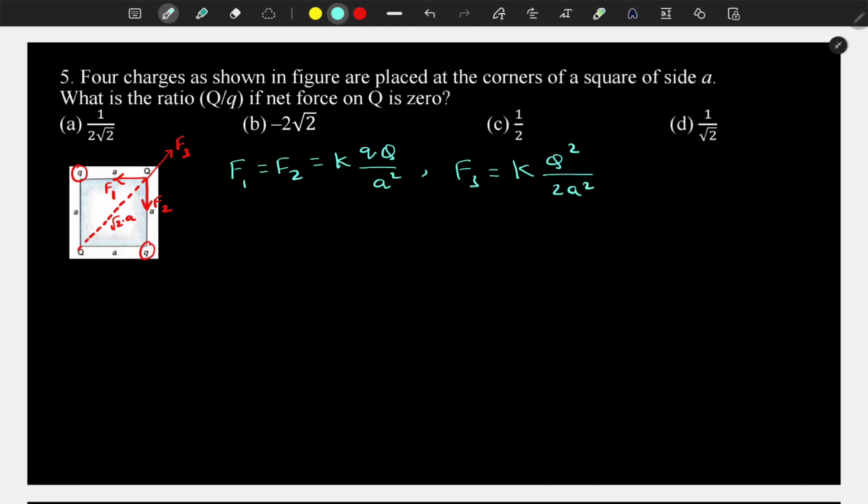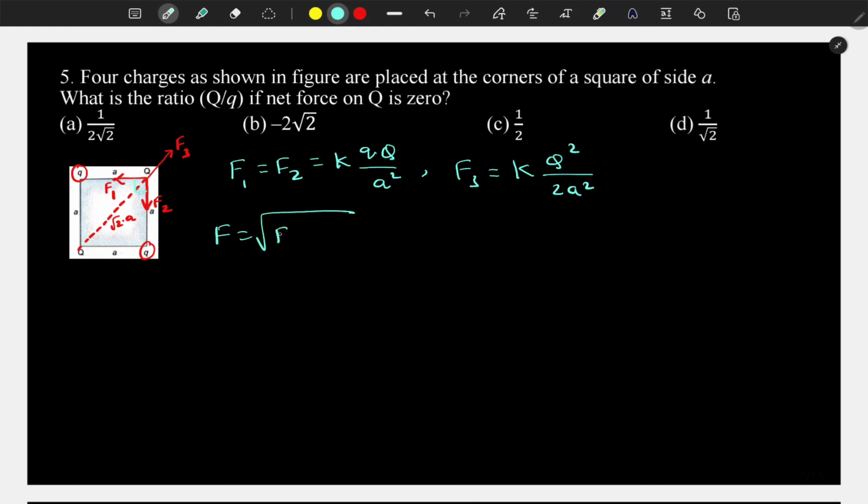Okay, now the net force acting on the charge capital Q should be 0. So if you find the resultant force between f1 and f2, this angle will be 90 degree.